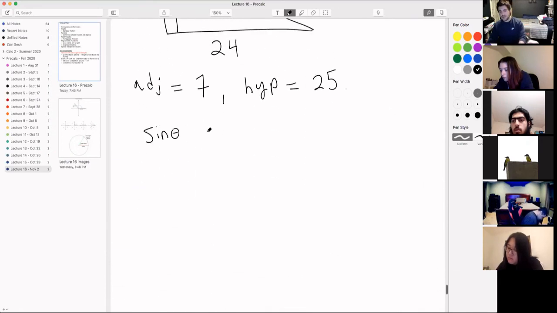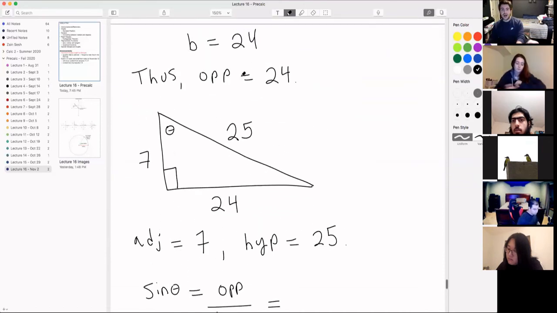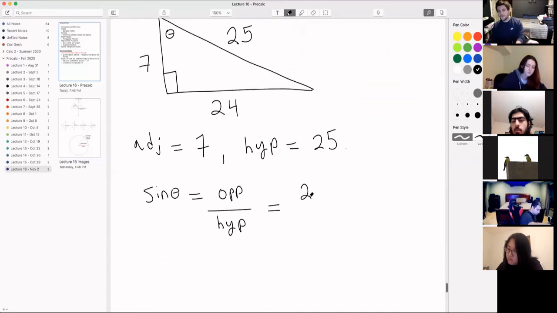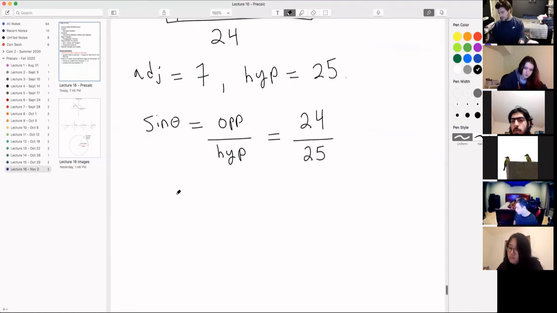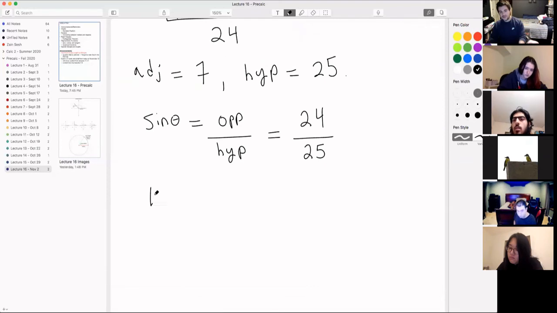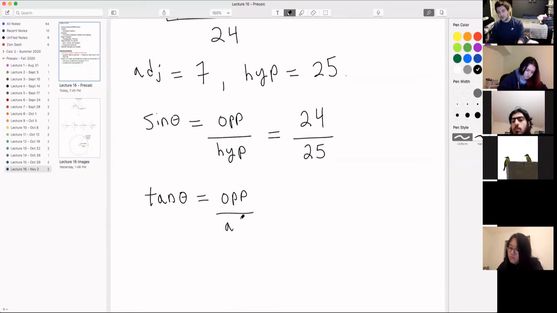Sine of theta, by definition, is opposite over hypotenuse. We just figured out that the opposite side is 24. That's why we did this whole Pythagorean theorem step, because we needed to find this opposite. And the hypotenuse was already given to us, that's 25. Now tangent of theta, by definition, is opposite over adjacent.